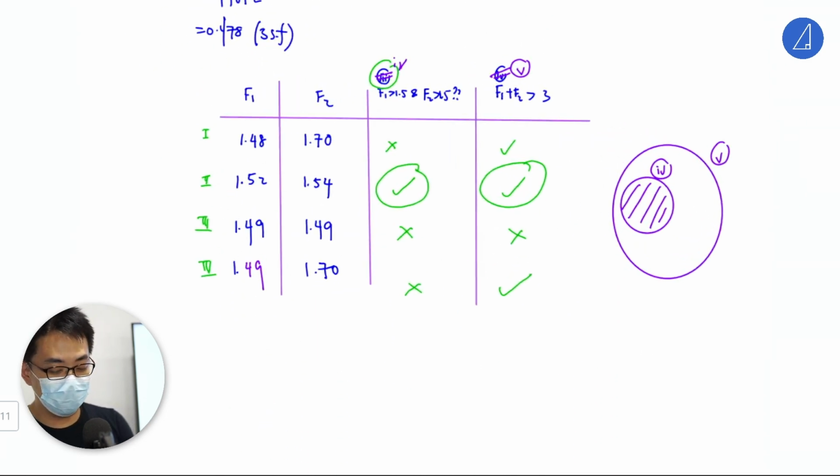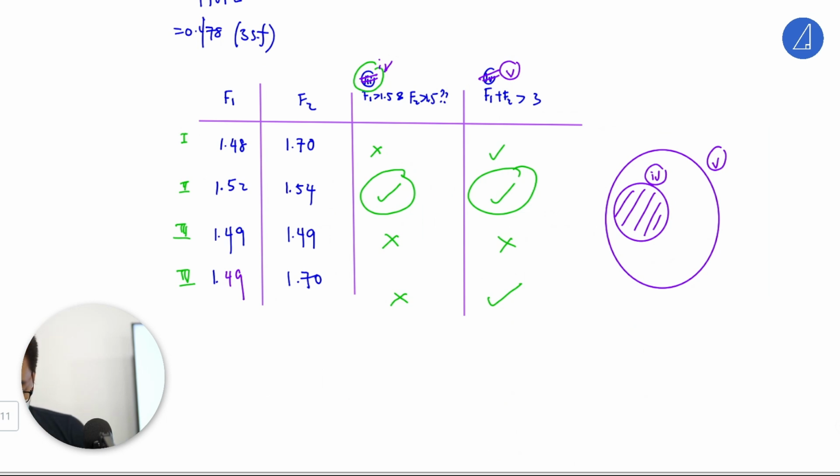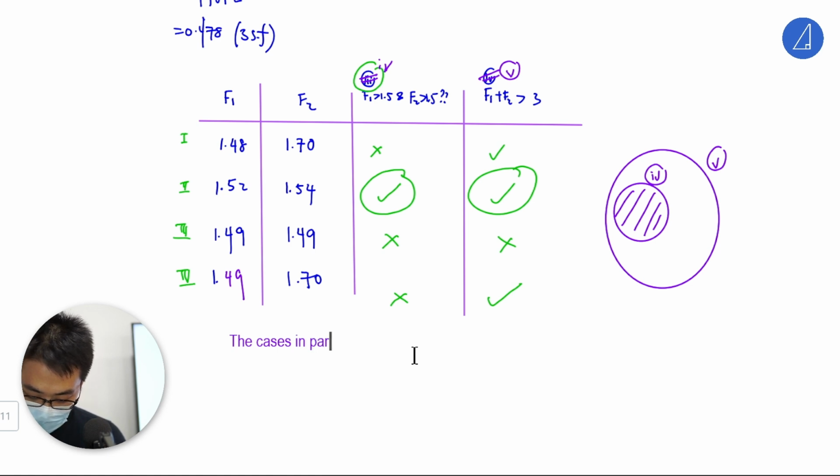This is just for revision. So when you write it out, just write down that the cases in part 4 are a subset of the cases in part 5.